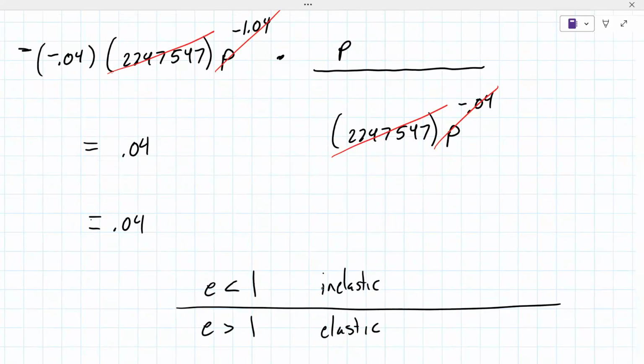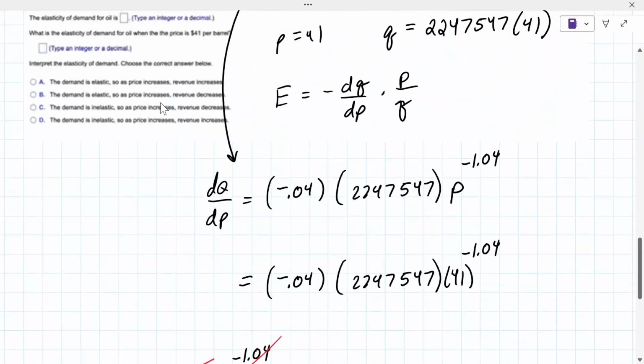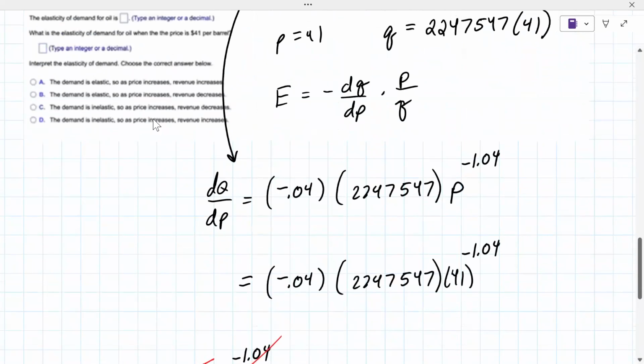When it's less than 1, you want price to increase and revenues will increase. So that's what it's asking for here. So we know that it's inelastic, which means that as price increases, revenue increases.